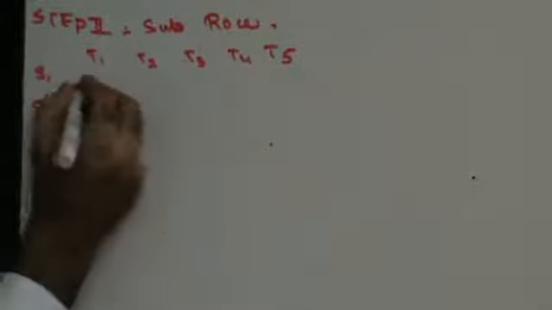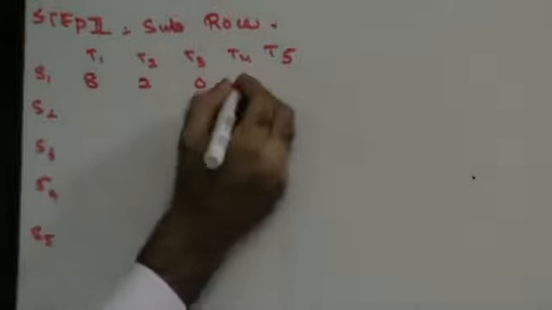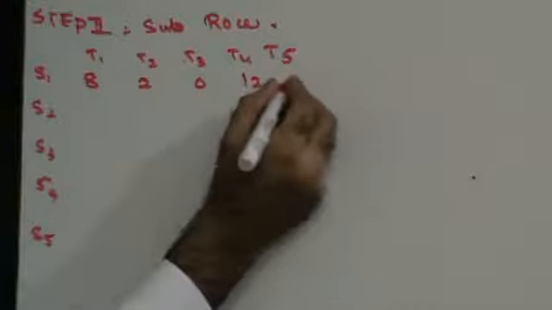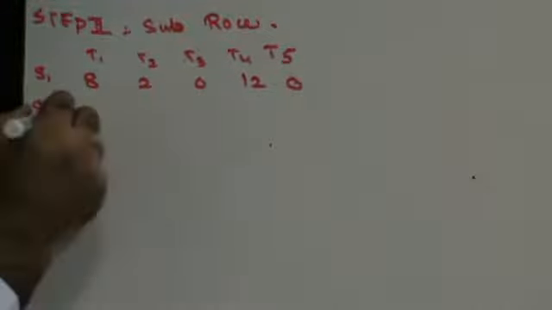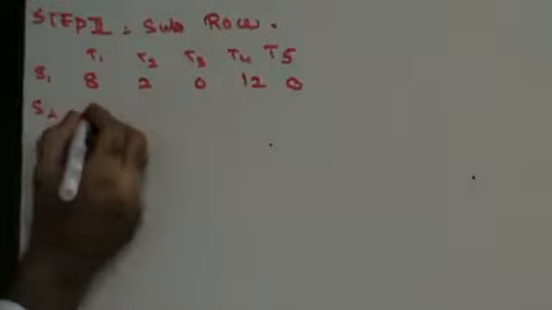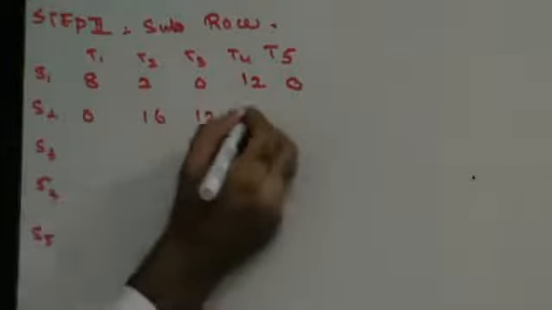If I subtract the smallest element in the row, the smallest element in the first row is 1. So this is going to be 8, 20, 1 I am subtracting, 12, 0. Then second row smallest element is 1. So I will get 0, 16, 12, 19, 4.